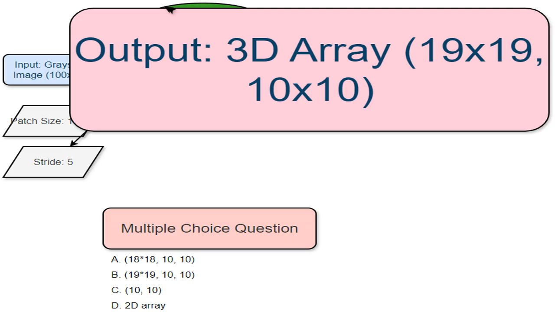The first number, 19, tells me how many patches I'll get in each direction, horizontally and vertically, because (100 - 10) // 5 + 1 equals 19. The next 2 numbers, 10 and 10, are the dimensions of each patch, 10 pixels by 10 pixels. So, I get a total of 19 times 19 equals 361 patches.